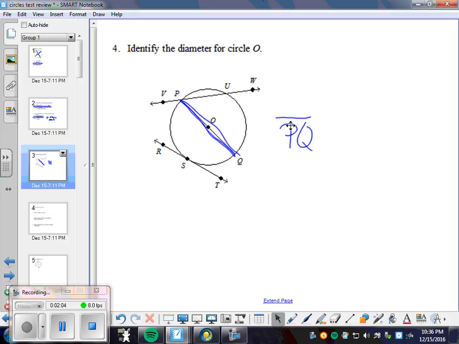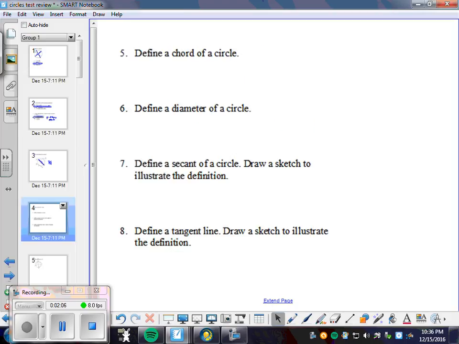Okay, number 5. Define a chord. A chord is a segment with endpoints on the circle. A segment with endpoints on the circle.